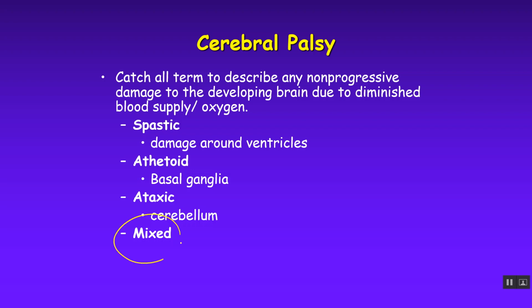And as I mentioned, there's the mixed type. There are a lot of kids, and I should say adults, because these kids become adults. There's actually a really big need out there in the neuro world. They get a lot of care with CP as they're going through the school system until they're 21 or so, and then they fall out of the system.